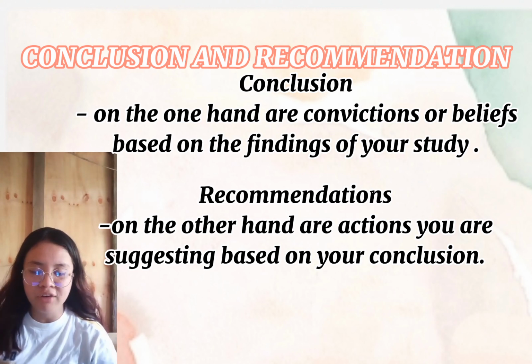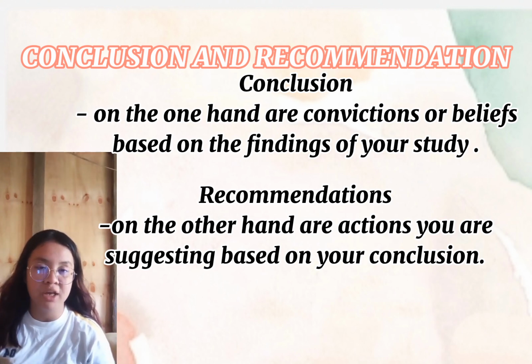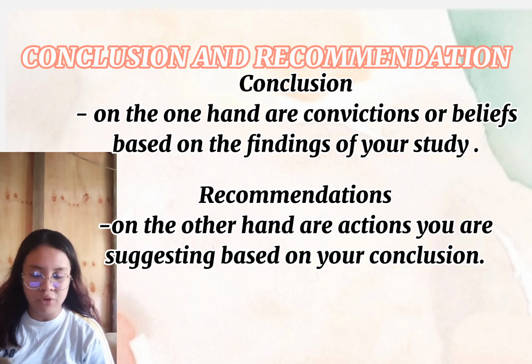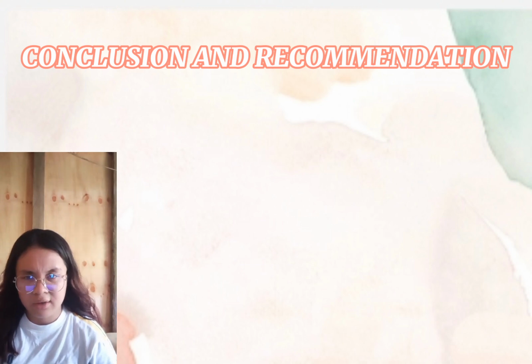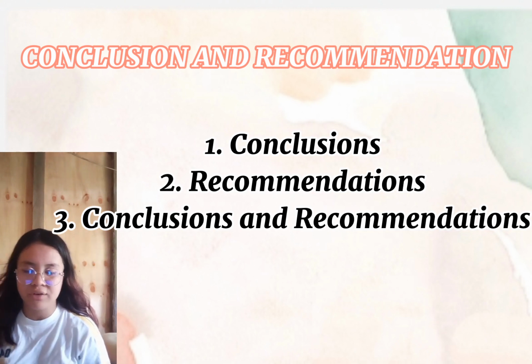In other words, view the conclusions and recommendations section as an expanded version of the executive summary. It usually assumes one of three headings depending, of course, on the content: conclusions, recommendations, or conclusions and recommendations.